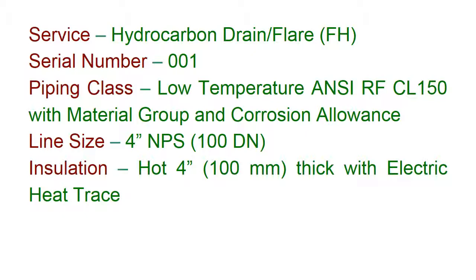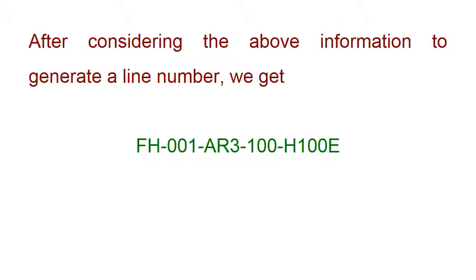Line size 4-inch NPS, 100 DN. Insulation: hot, 4-inch, 100 mm thick, with electric heat trace. After considering the above information to generate a line number, we get FH001-R3-100-H100E.